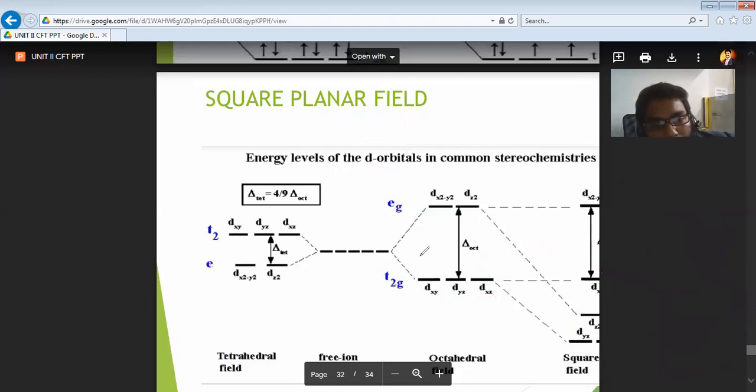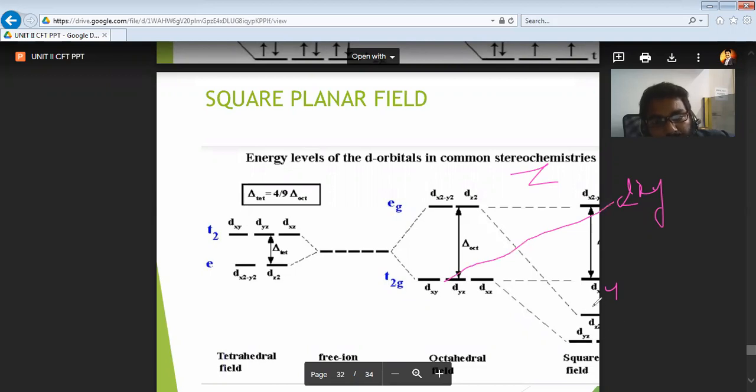This is tetrahedral. The opposite is octahedral. Yes, in square planar the z-axis is absent. The structure is drawn like this. This is dxy, dx square minus y square, and these are the upper delta, the higher state.